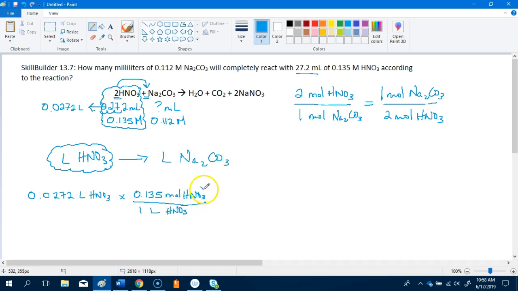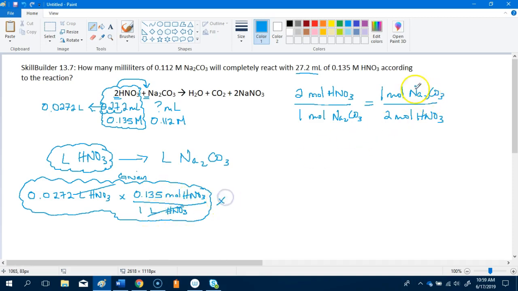So this part of my equation here is what was given to me. So that was my given, which is right here. And the reason why I put liters of HNO3 on the bottom is because I need to cancel those out. So this right here is actually my molarity. Remember, molarity is always moles divided by liters.